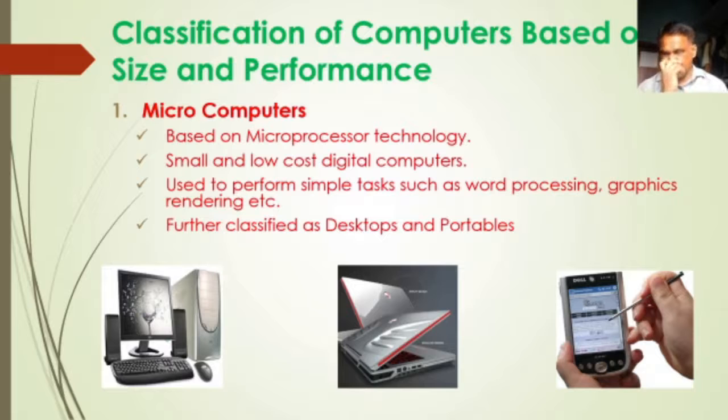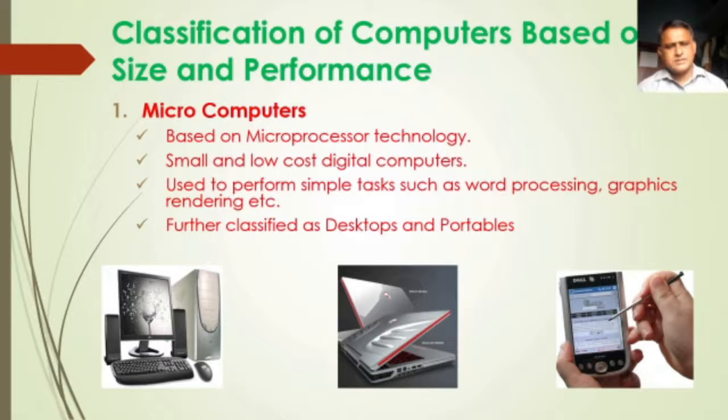That is the desktop. It cannot be carried very easily to different places, even though it is portable in principle. It is not frequently carried around; it is kept on a table and worked on where it is kept. That is the desktop.